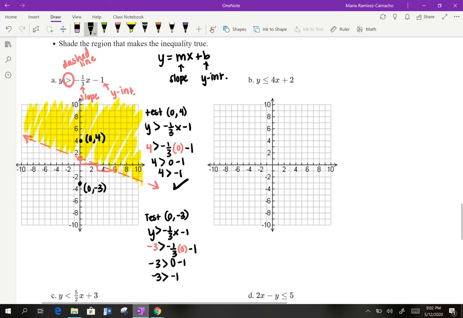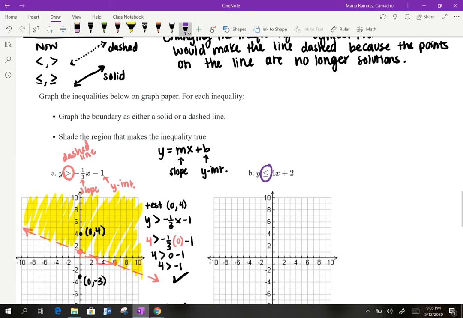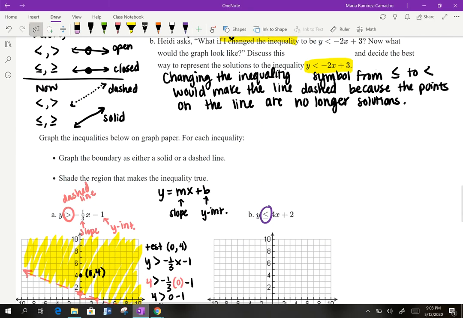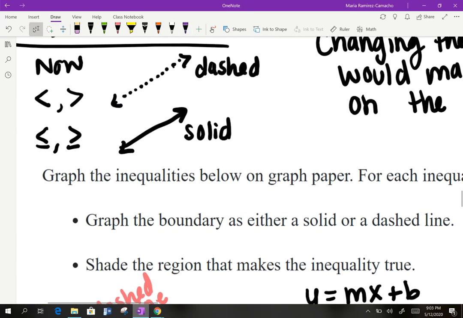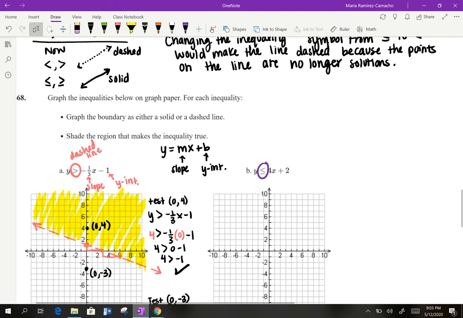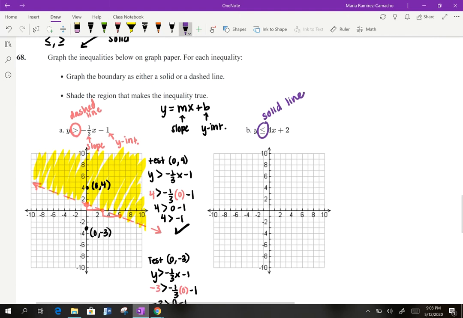Let's do part B now. Because we have less than or equal to, refer to this, you should write this down somewhere. This is going to be a solid line. So when we draw our lines, there's not going to be any breaks.